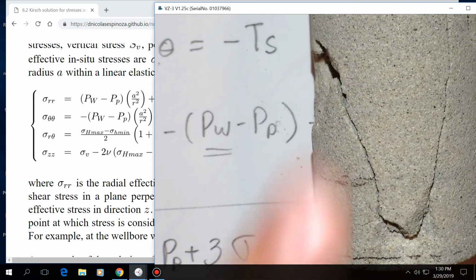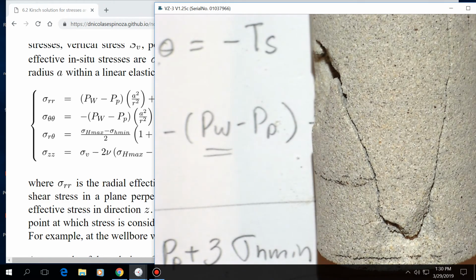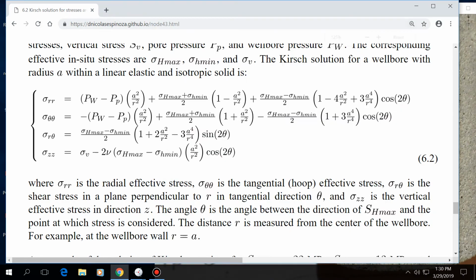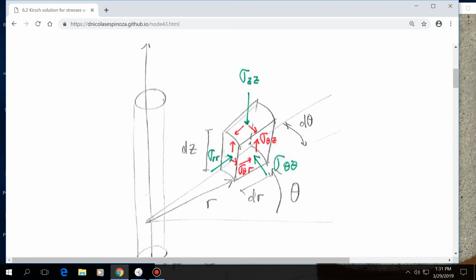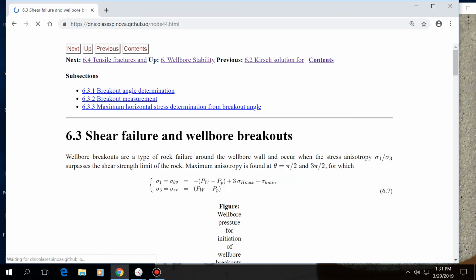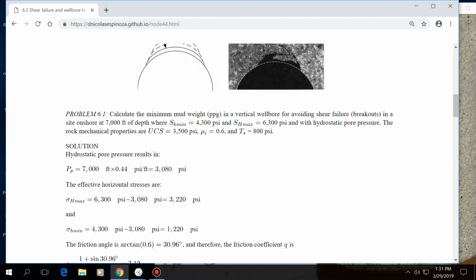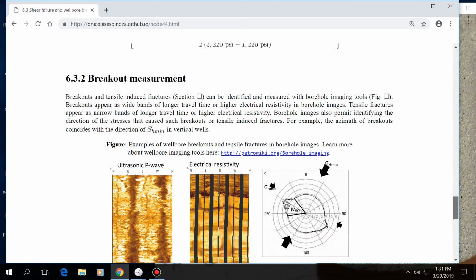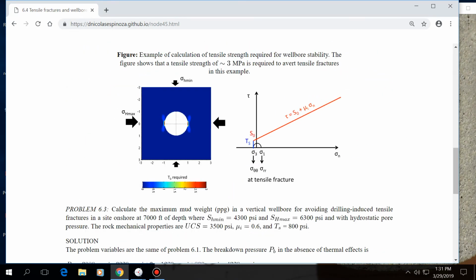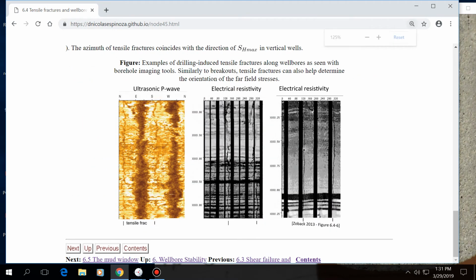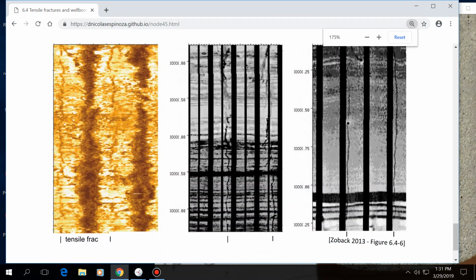If you do wellbore imaging, you will get to see that whenever you have tensile failure, you're going to be able to see that. Let me see. So this is breakouts. Next, tensile failure. There you have. So these are the images of wellbores, and these thin lines over here, here, and there, those are the tensile fractures.